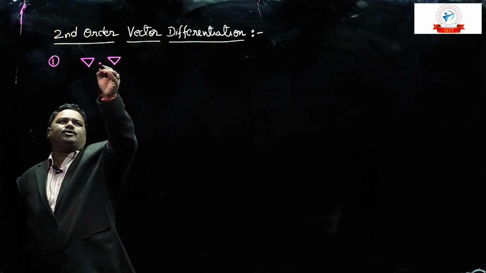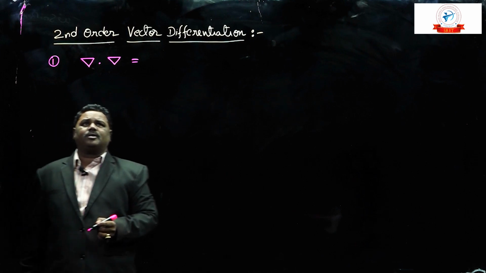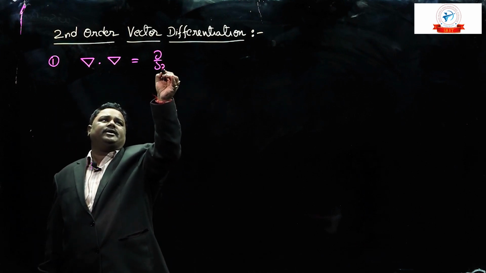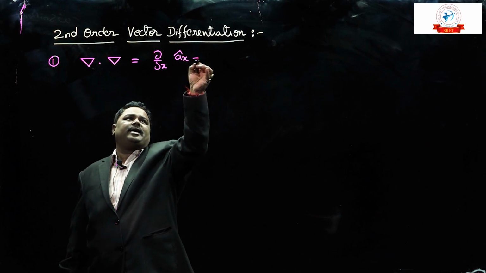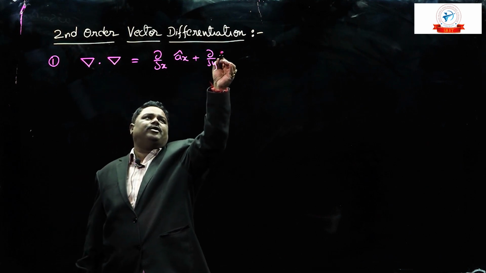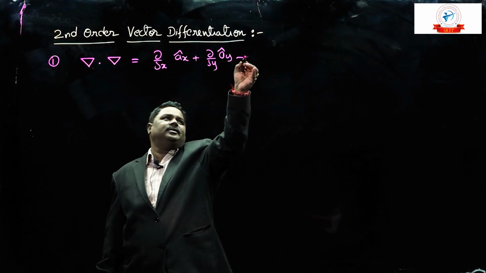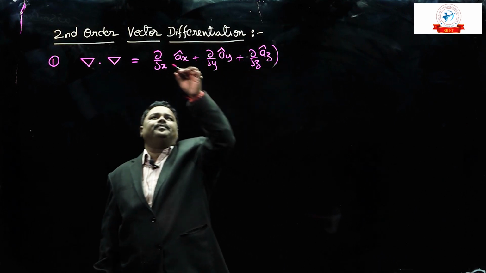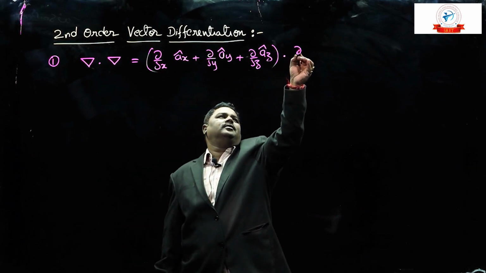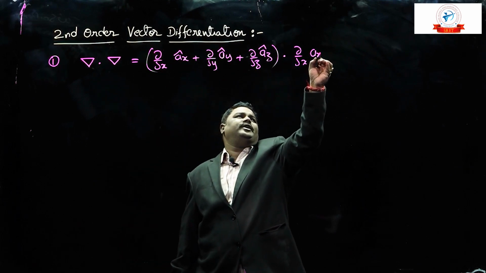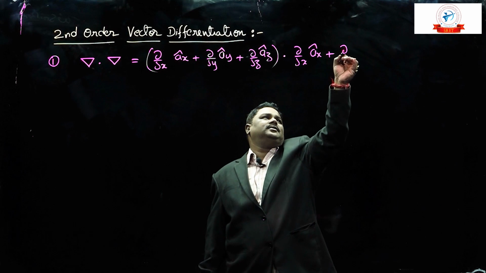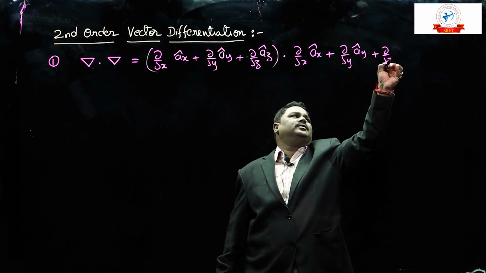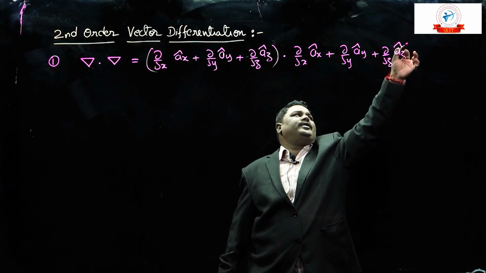Here we need to perform dot product between these del operators. As we know, del is given by dou by dou x into x cap plus dou by dou y into ay cap plus dou by dou z into az cap, dot dou by dou x into x cap plus dou by dou y into ay cap plus dou by dou z into az cap.